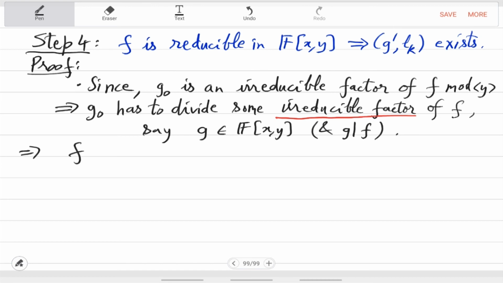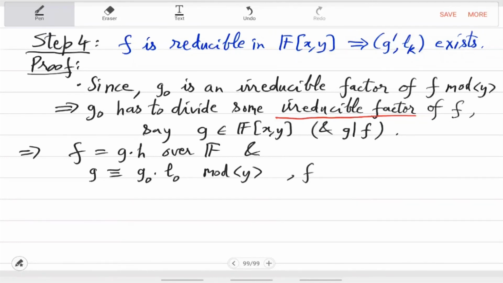So this means that now you can write these congruences. So f is equal to G times H over the polynomial ring, and this particular G factors into G0 and say L0 mod y. That is the starting point, right? F is factoring as G times H in the polynomial ring. And modulo y, this G is further factoring into G0 and something else, L0.